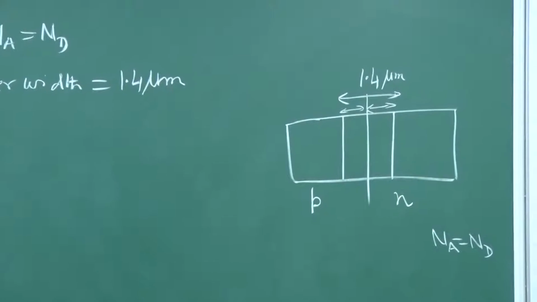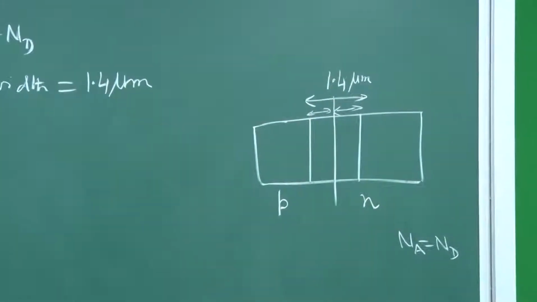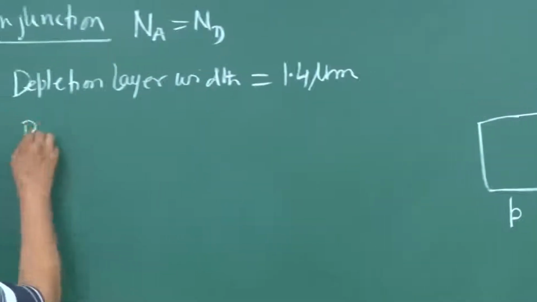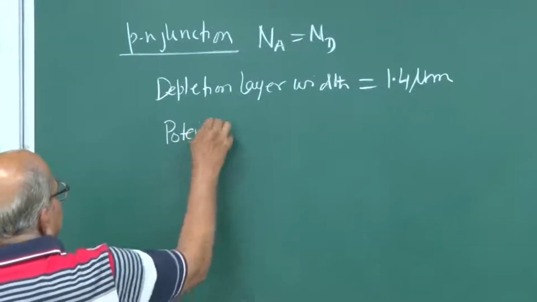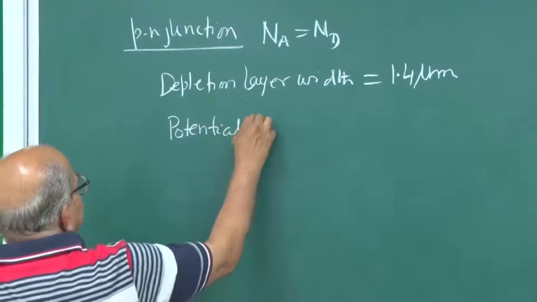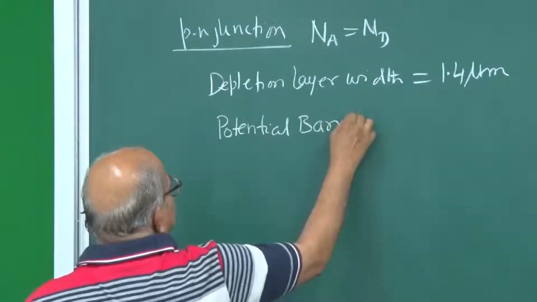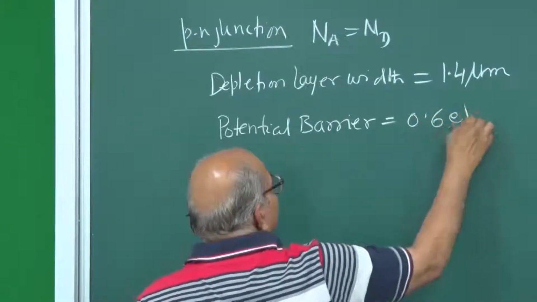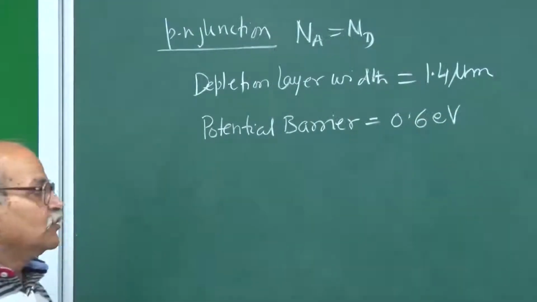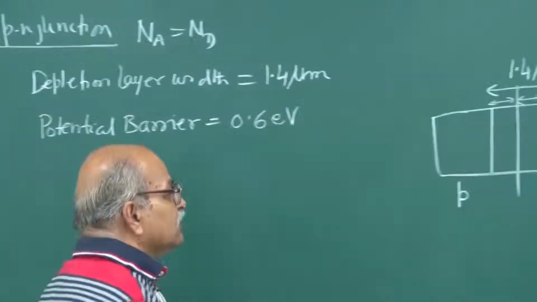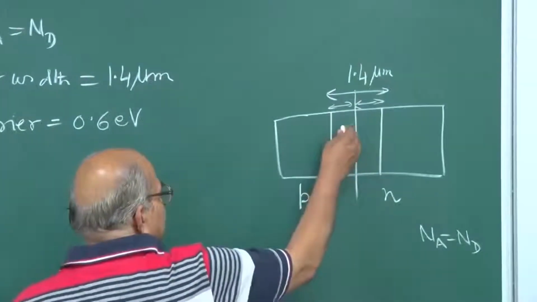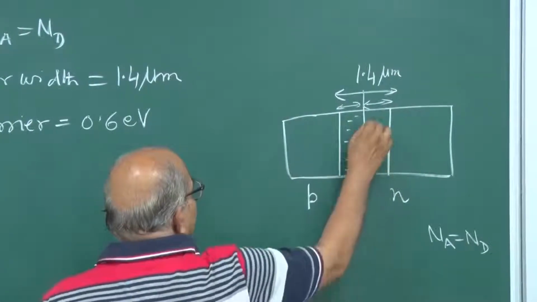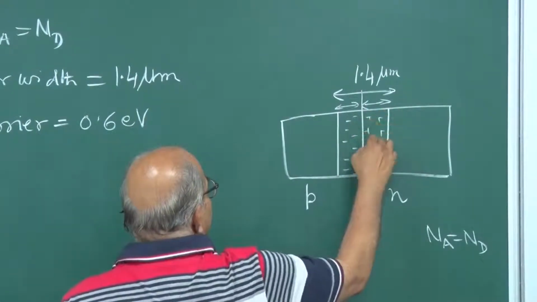The potential difference between the n side and the p side is the potential barrier. That potential barrier is 0.6 volts. When the junction is formed, these electrons will diffuse to this side, creating negative charges here, and this will create positive charges here.